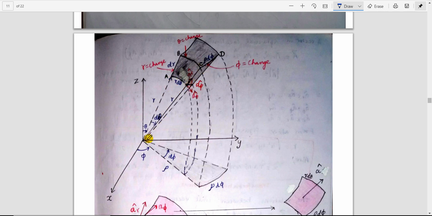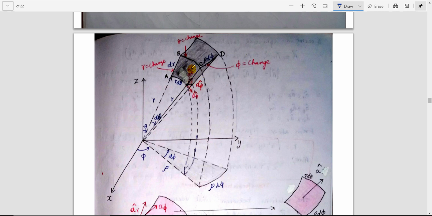Here, making a radial outward field direction like this, and the vectors in the form like this. So this is the direction of the particular r.